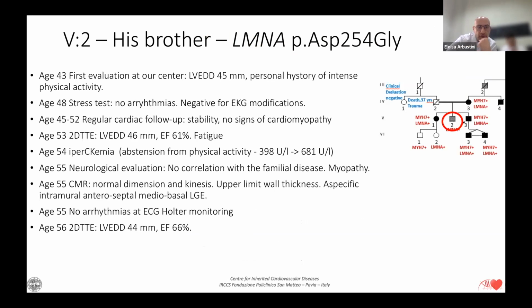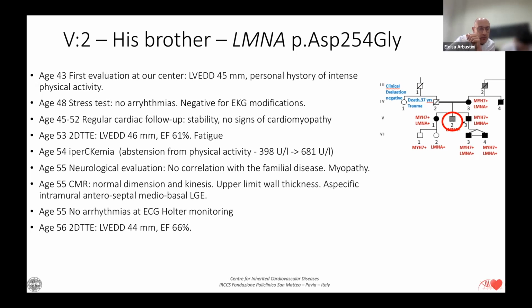The brother of our proband was first evaluated at our center at the age of 43. He carries the VUS in lamin only, and he did not show any arrhythmia. He only complained of myopathy with hyperCKemia that had its onset at the age of 54, after a long personal history of heavy physical activity.